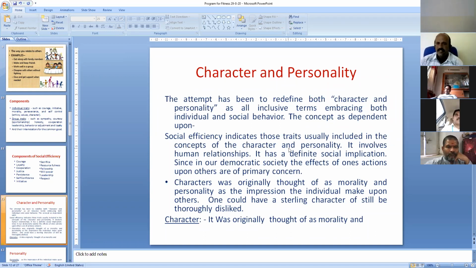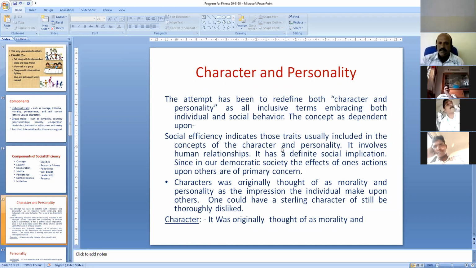The attempt has been to redefine both character and personality as all-inclusive terms, embracing both individual and social behavior. So it is very difficult to define these two separately. They look similar, but there is a difference inside them, and it helps the teacher or coach to understand the individual player.